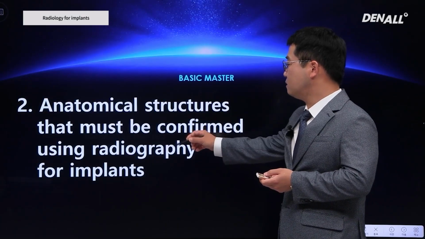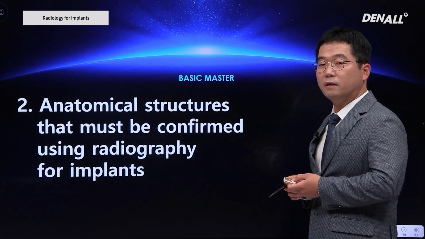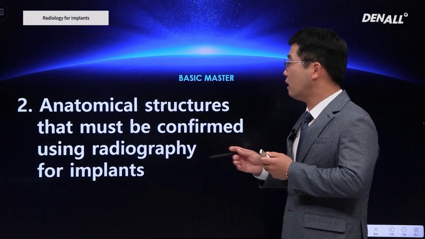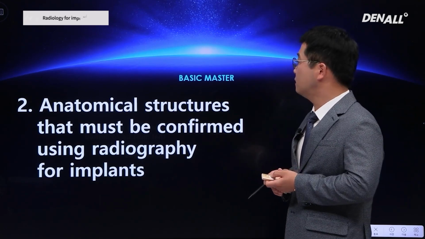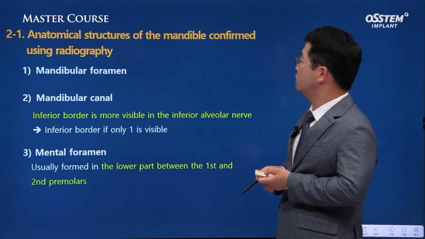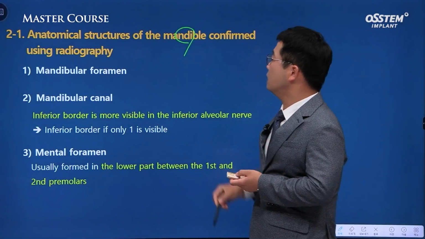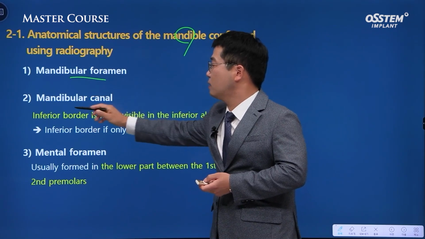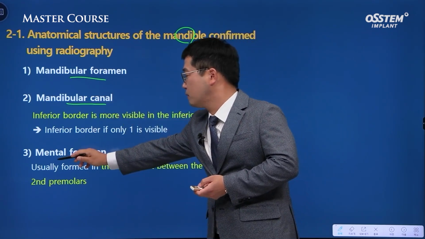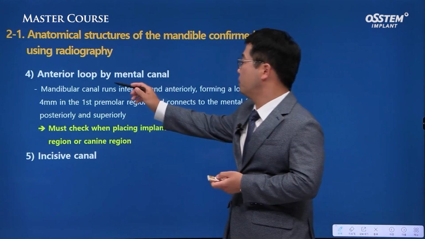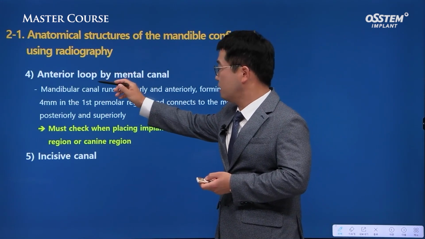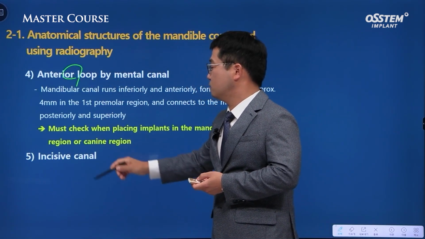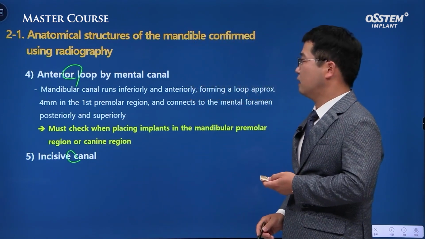Second, anatomical structures that must be confirmed using radiography for implants. I'm going to divide the section into upper and lower. First, let me look at the mandible. There are 5 anatomical structures: mandibular foramen, mandibular canal, mental foramen, anterior loop by the mental canal, and incisive canal.